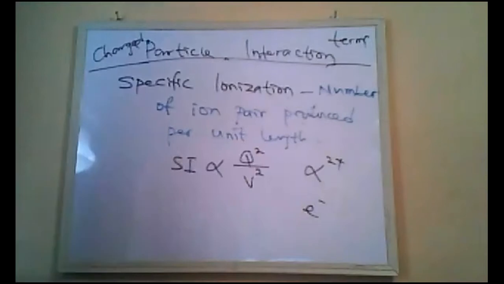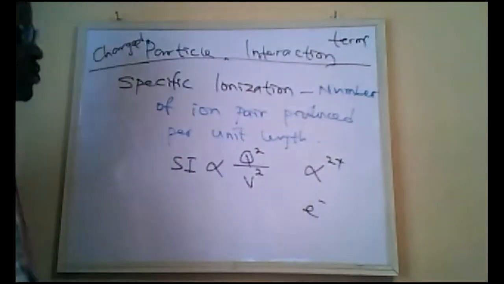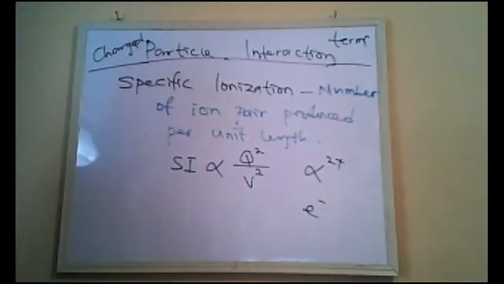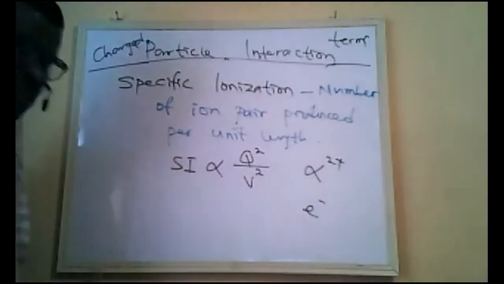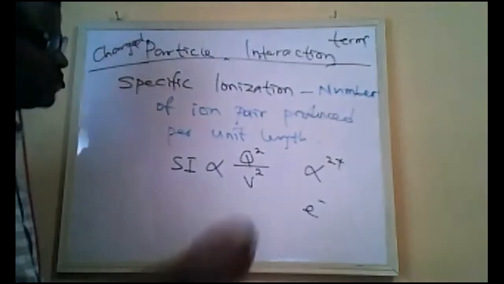So from this, how does velocity come in? Velocity comes in because, for example, we can use a magnet.